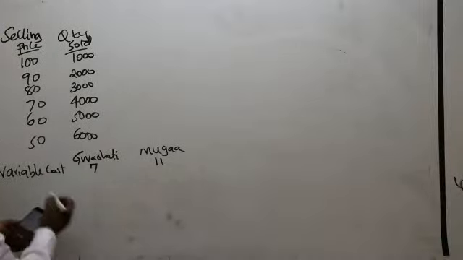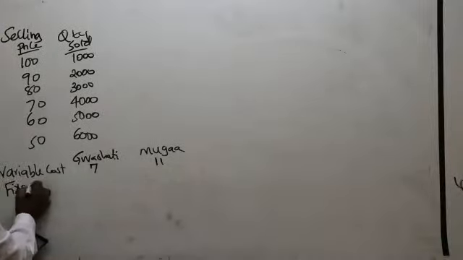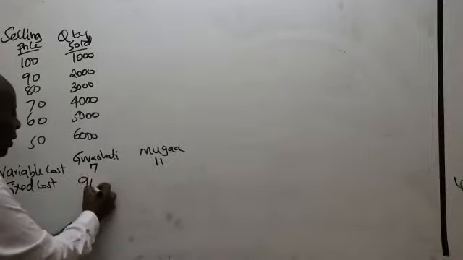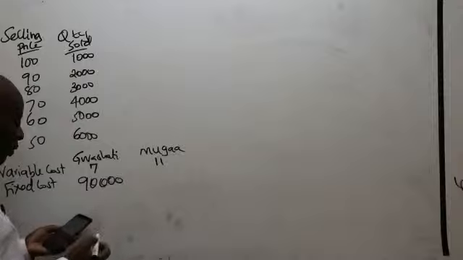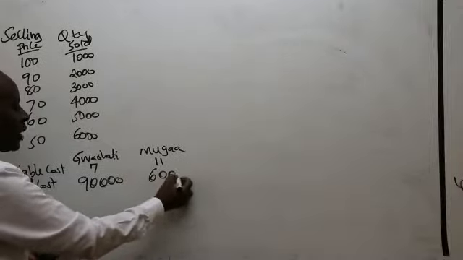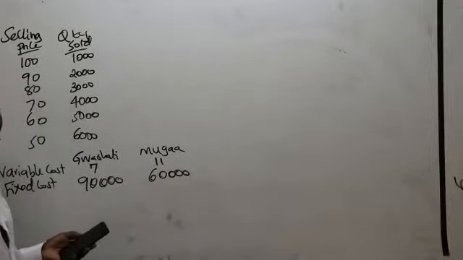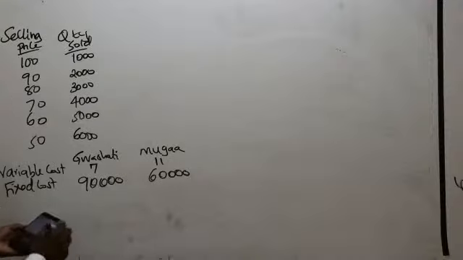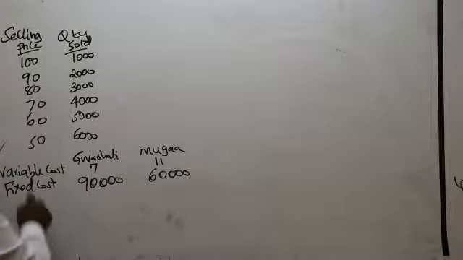And then we have fixed costs. Fixed cost for Guashati is 90,000, and for Muga is 60,000. And then we have a transfer price, a separate note.